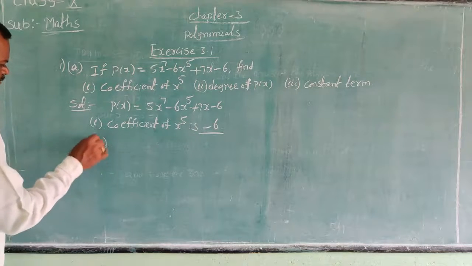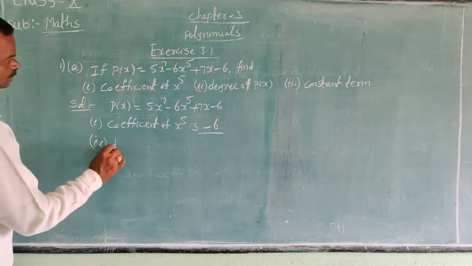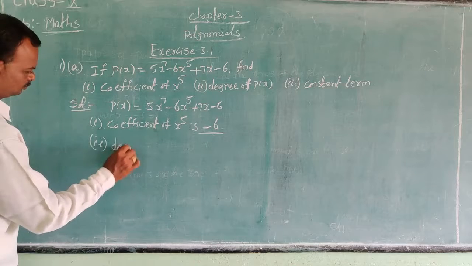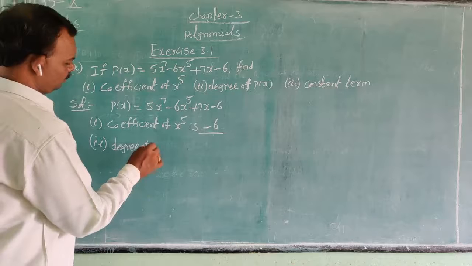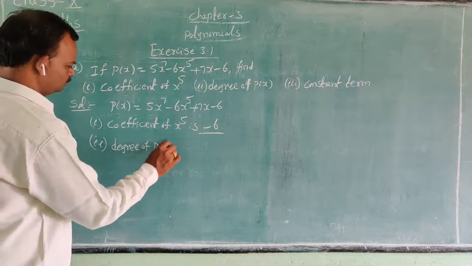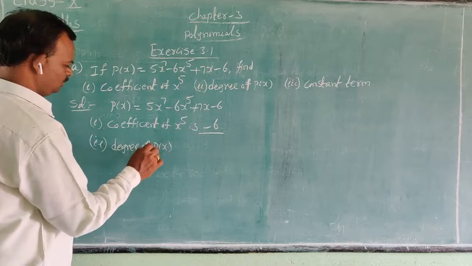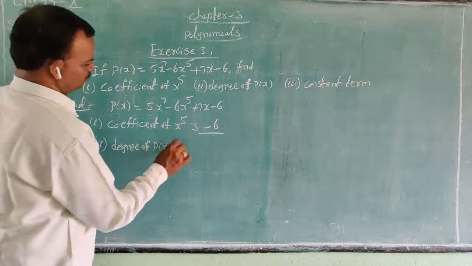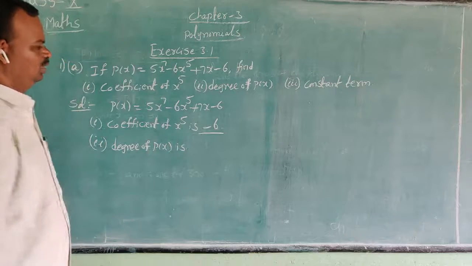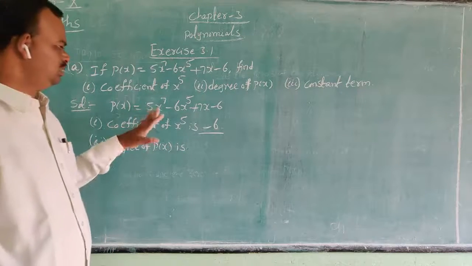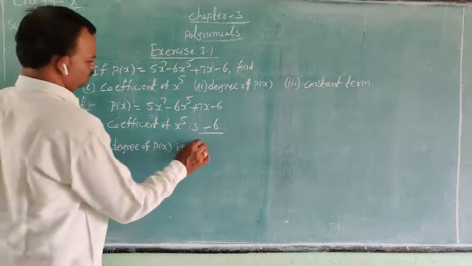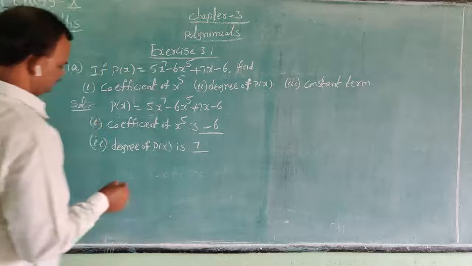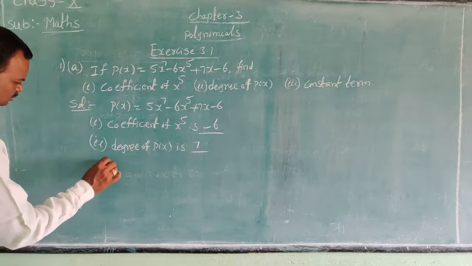Next is the degree of P of x. Degree means the highest power of x. Here the highest power is 7. So the degree is 7.